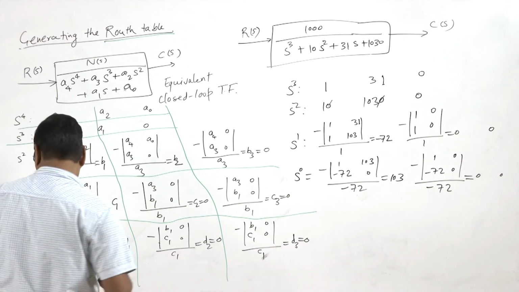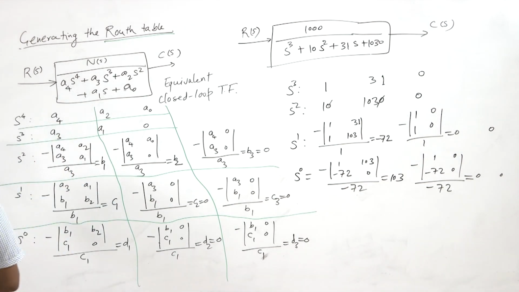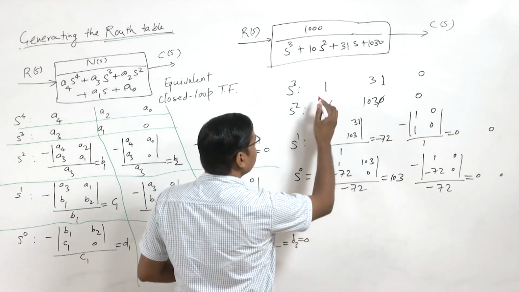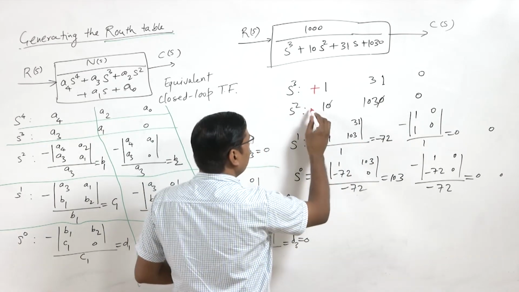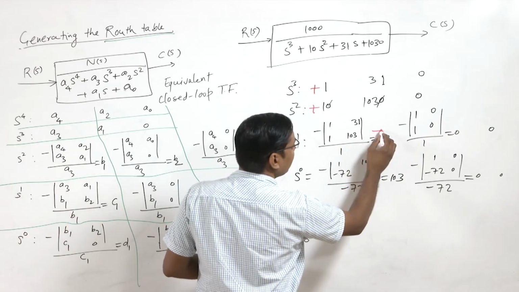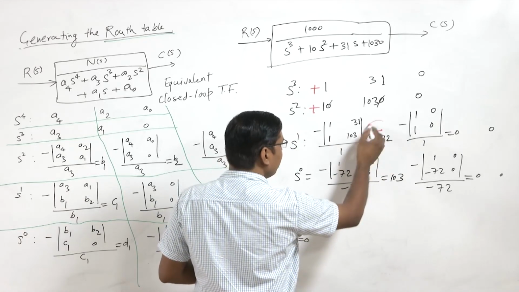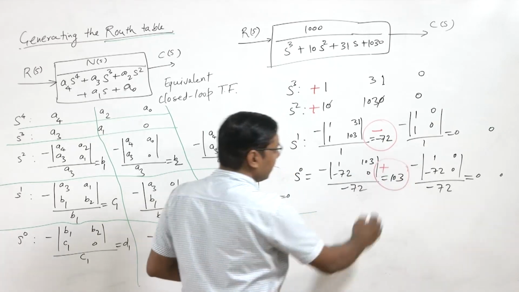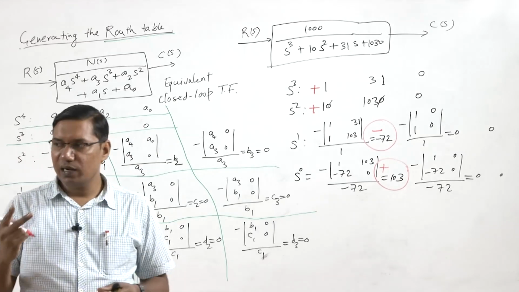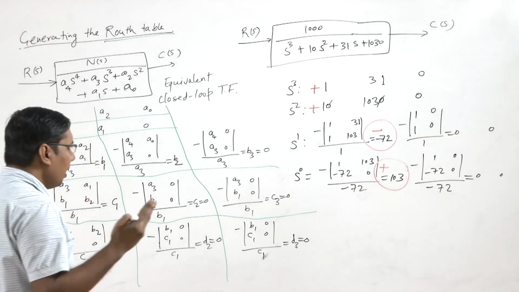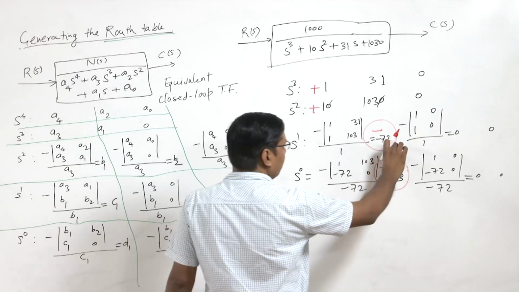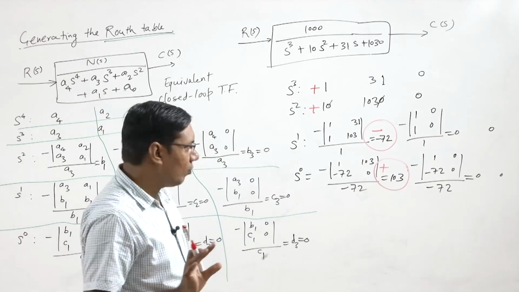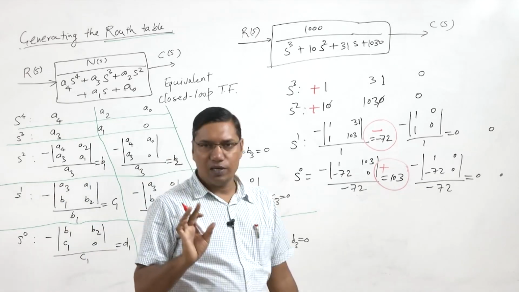So we can notice here that we have two sign changes. Here it is plus plus, but here it is minus. So there is one sign change here, then again it is plus, so a second sign change here. So there are two sign changes, and two sign changes means we have two poles in the right half plane.